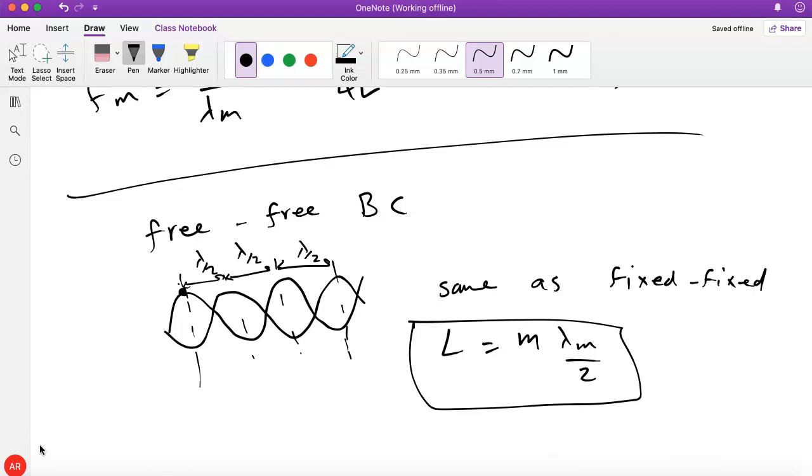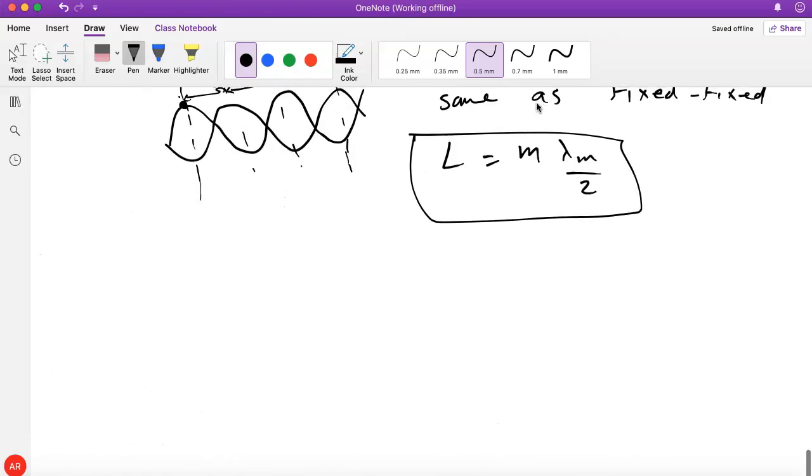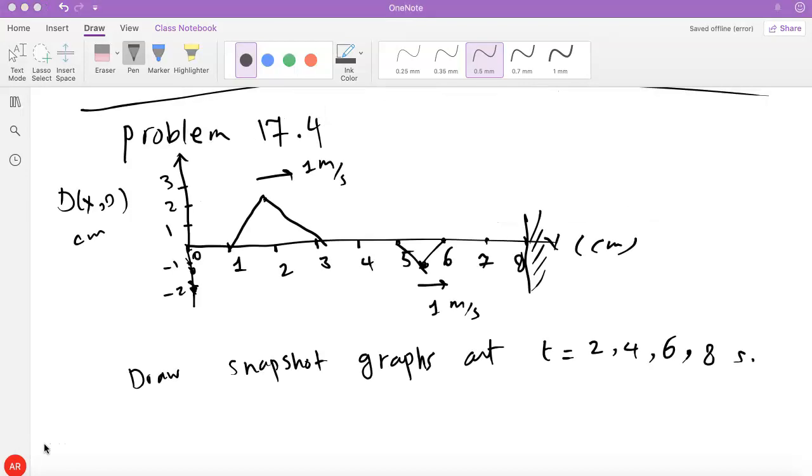All right, let's practice a little bit. So I want to work out one example. All right, here's an example. So a snapshot graph is given at t equal 0. We have a pulse, a triangle between, let's say, 1 centimeter and 3 centimeters. It goes up to a height, or a displacement, of 2 centimeters at x equal 2.